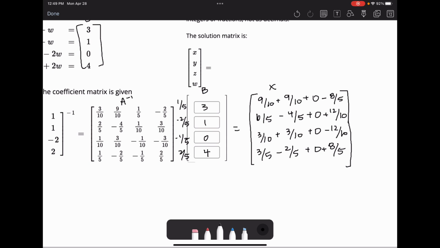Okay, so the first one simplifies to 1/5. And then we have 6/5. The next one simplifies to 8/5.